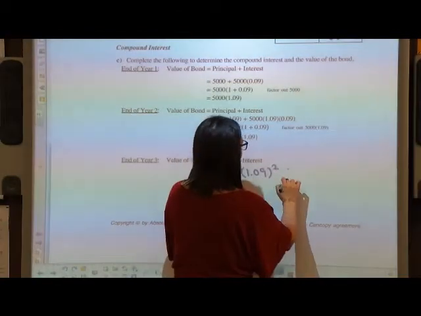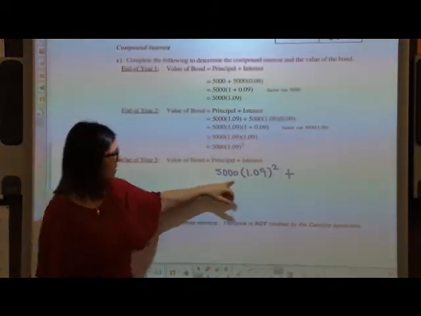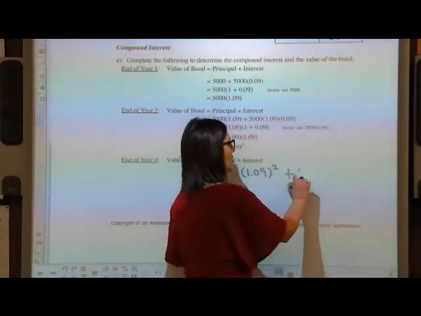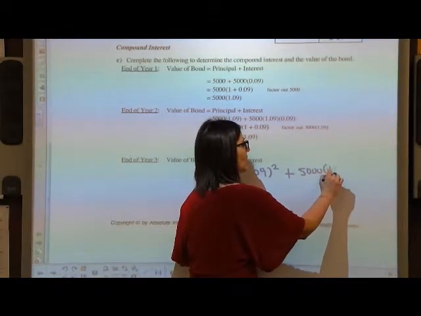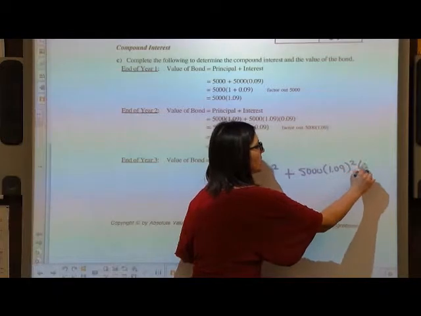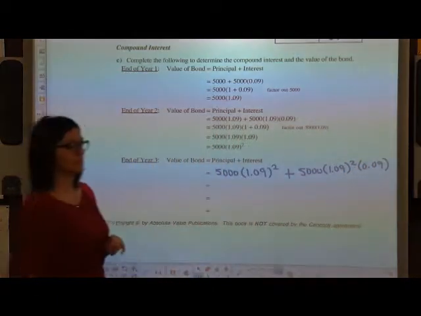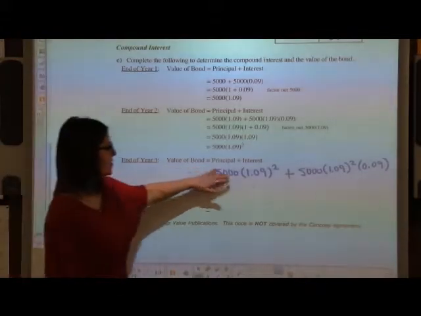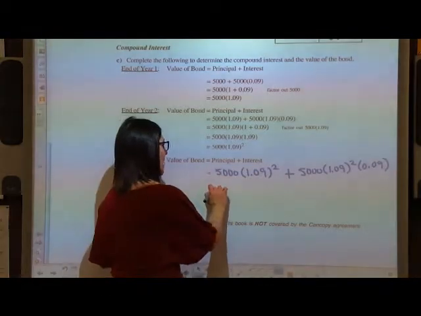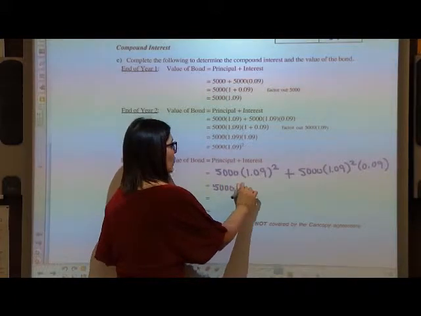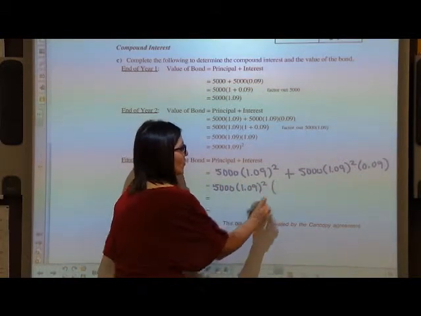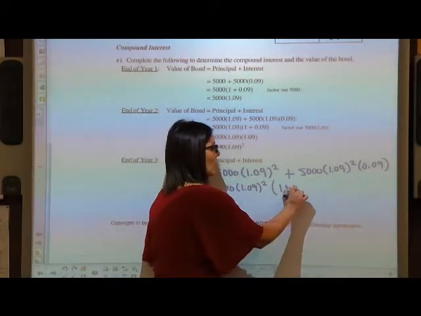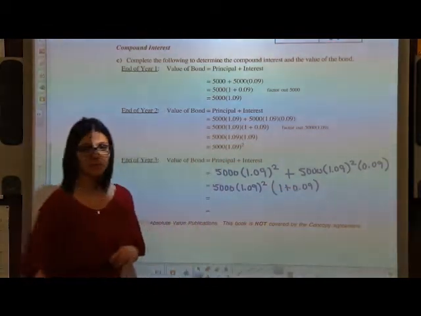So when I go to calculate the interest, I calculate the interest by multiplying 9% by this amount. So this amount being the 5,000 times 1.09 squared times the 9% as a decimal. Again, from an algebraic standpoint, I have common factors, being the 5,000 times 1.09 squared, which leaves me with 1 in the first term and 0.09 in the second term.